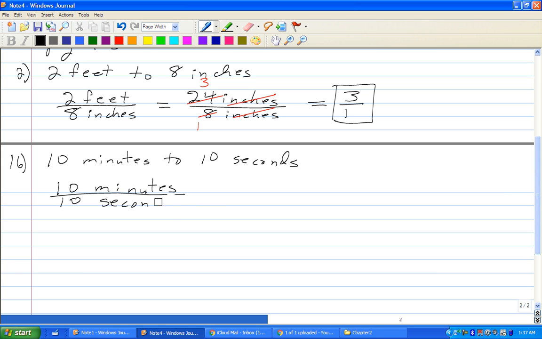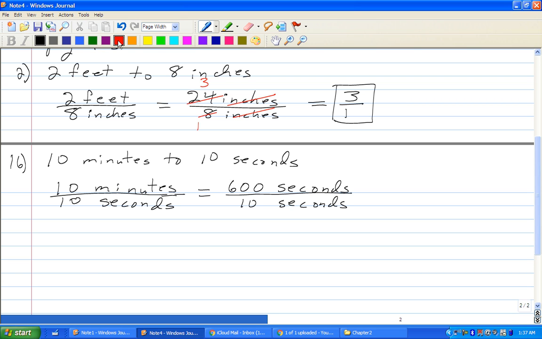Let me note that there are 60 seconds in 1 minute. Therefore, in 10 minutes, there are 600 seconds. So 600 seconds over 10 seconds.